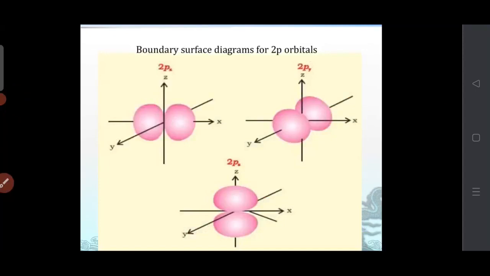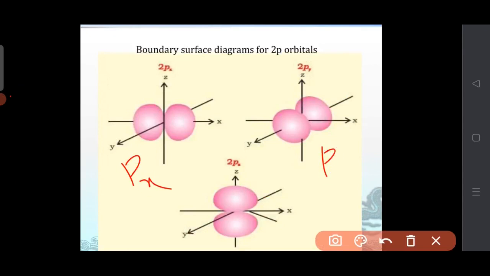Okay. So, this is px, this is py and this is pz. Okay. So, in the px orbital the lobes are situated along the x axis. In the py orbital it is situated along the y axis, and the pz is along the z axis.